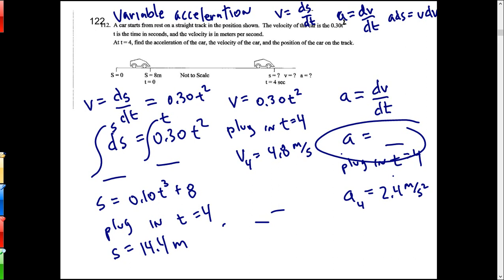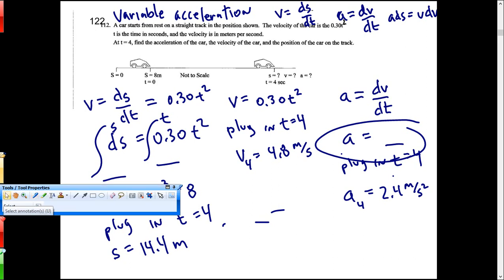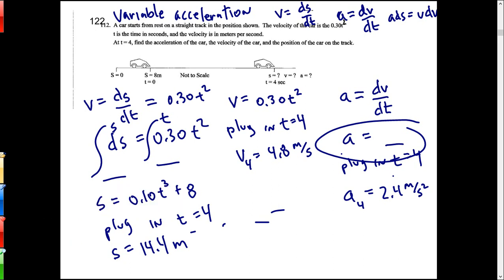You know, I noticed the basic relationship that I'm starting with here is that v is 0.3 t squared. So what I've got there is the velocity as a function of time. So that leads me to look at those relationships there that I could use.